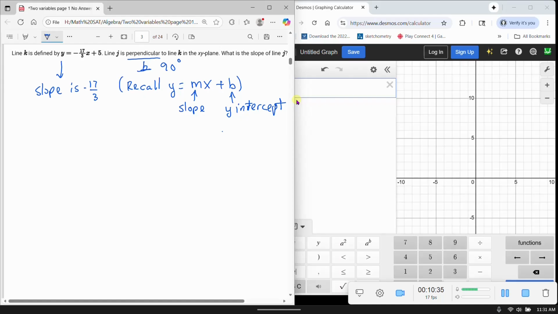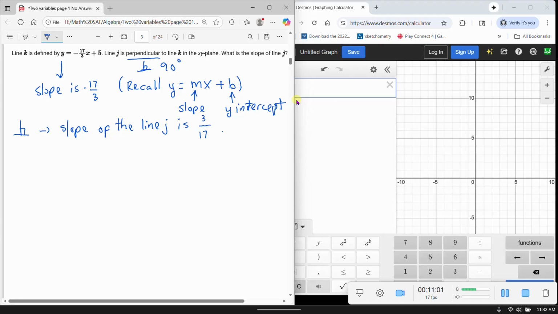Now, when it's perpendicular to this line, the slope of line J is 3 over 17.